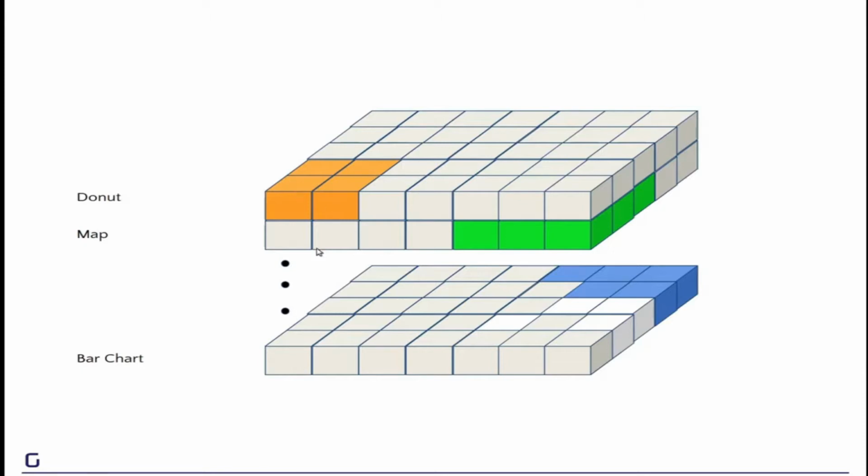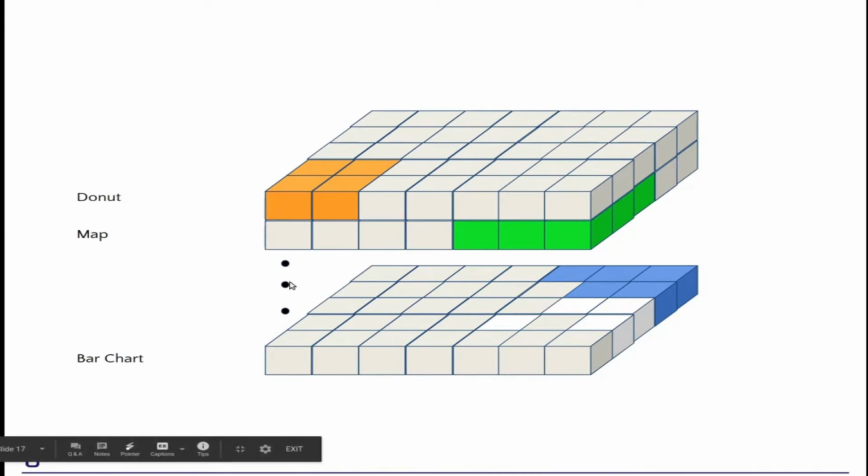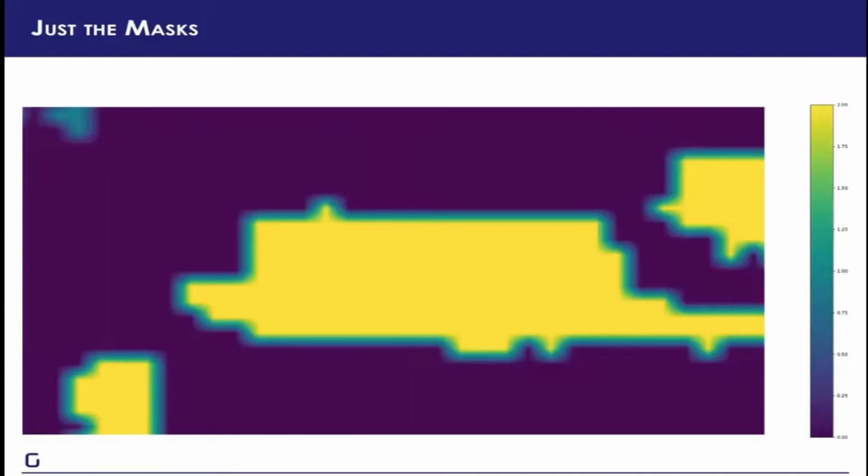There could be more if you have something like overlapping regions, but the idea is that one of them is bound to win out because it's going to have a higher probability. So you just run an argmax against the vertical axis and try to find out which chart is present in which part of the image. And that gets us to this kind of a heat map.